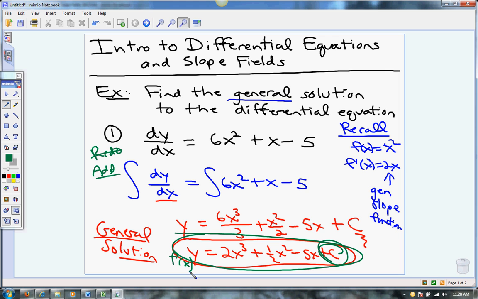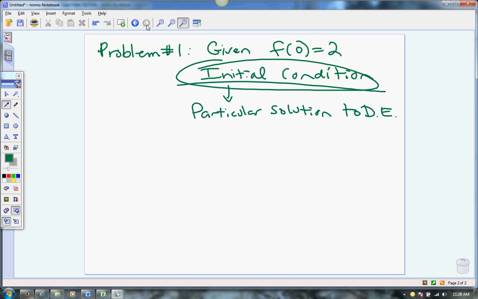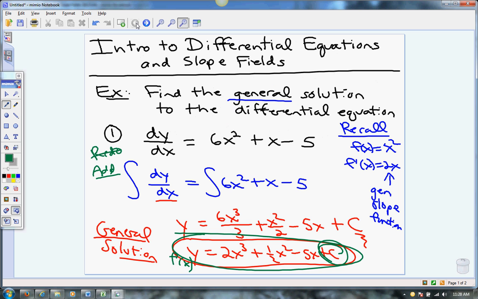So let's rewrite my answer here. f of x equals 2x cubed plus 1/2 x squared plus 5x plus c. There was my general solution. Is that what I had? Did I make a mistake there? Oh, it was minus 5x. Thank you.